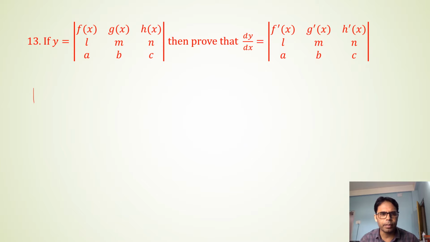So if you have a determinant like this, let me take a b c d e f g h i, say this is our determinant. So how to find the value of a determinant? Before solving this problem, you should know this result.